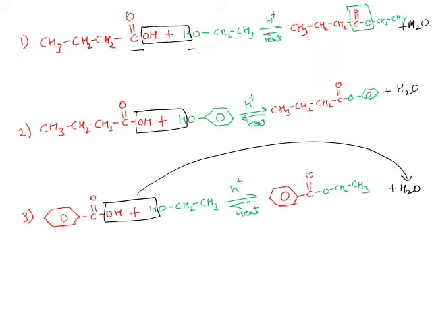You will get three different products for three different esterification reactions. So make sure you know how to make a product if you are provided with a carboxylic acid and an alcohol. We're going to see how to name them in a later part of this chapter, but right now just focus on how to make a product from the given reaction.